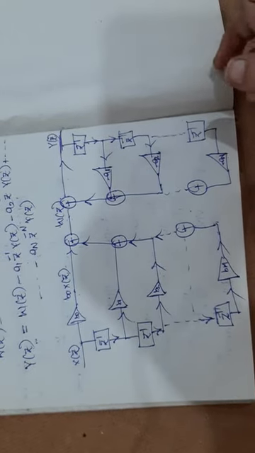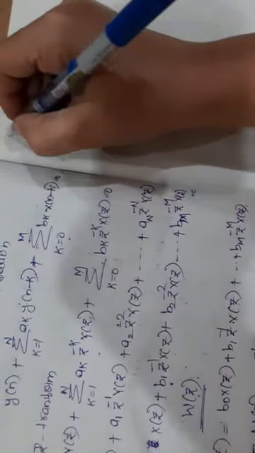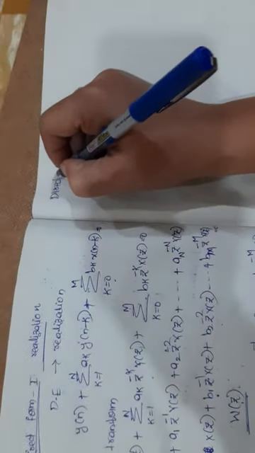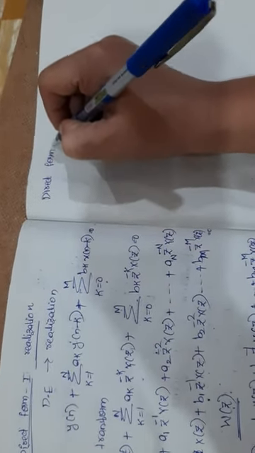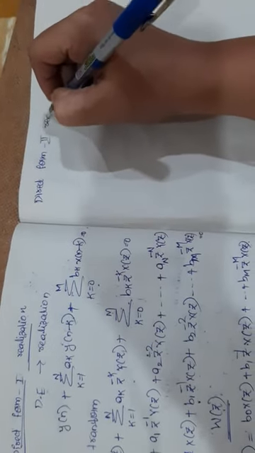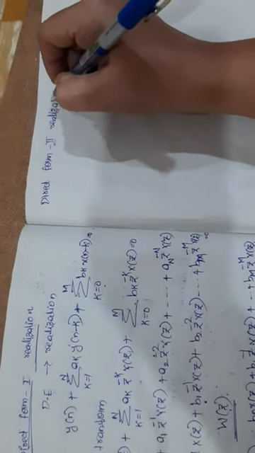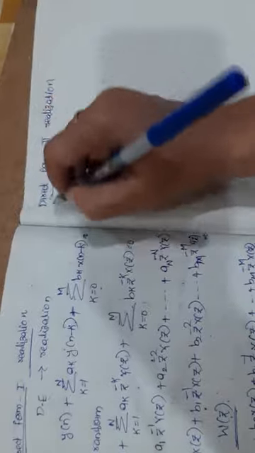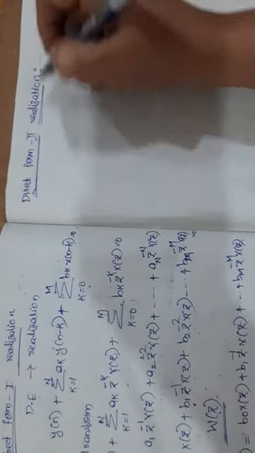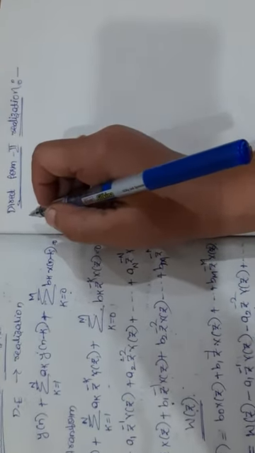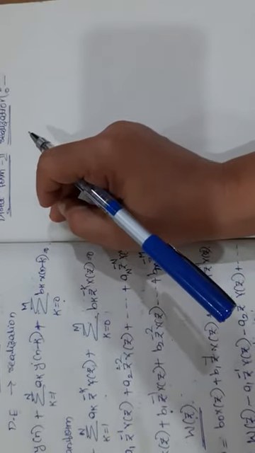Okay. Next we will go for direct form 2. Direct form 1 is a very simple, very easy method. Next there is a small difference between direct form 1 and direct form 2.